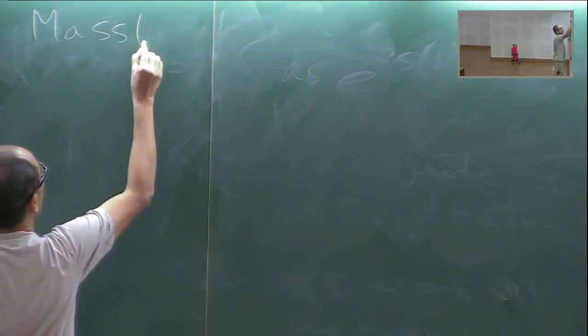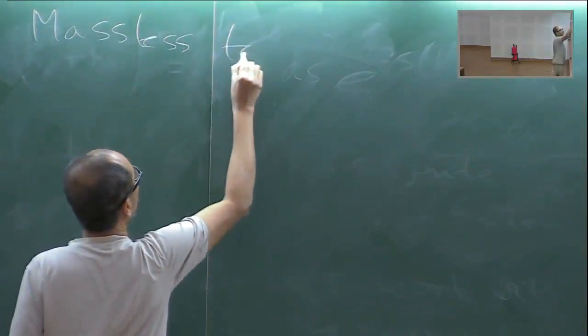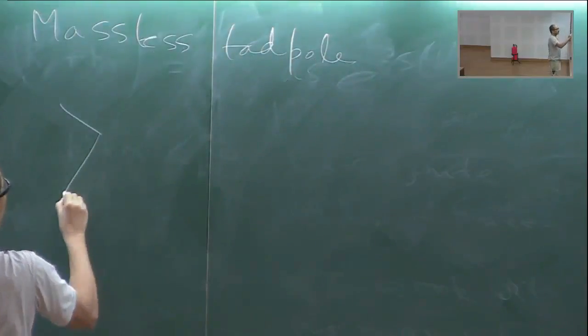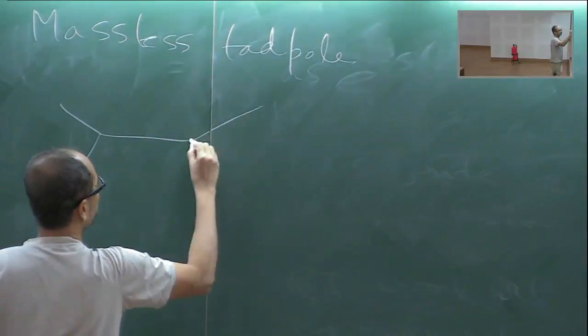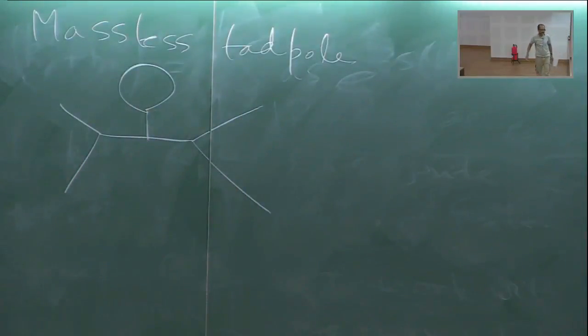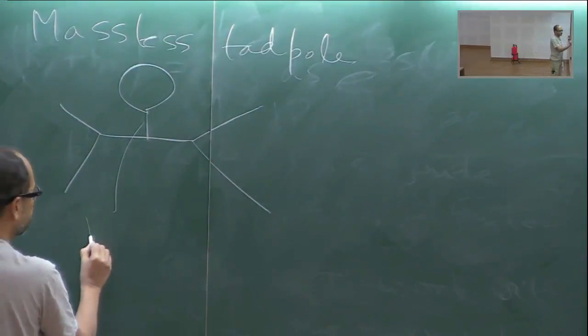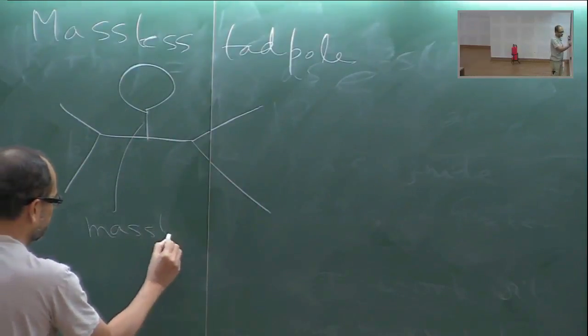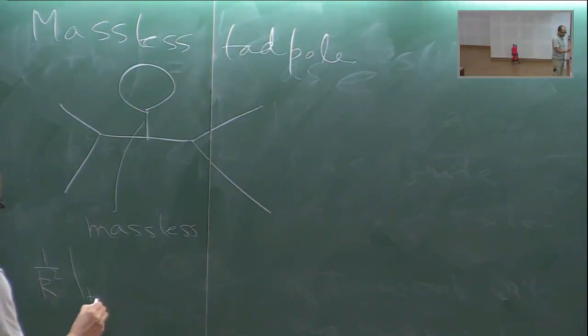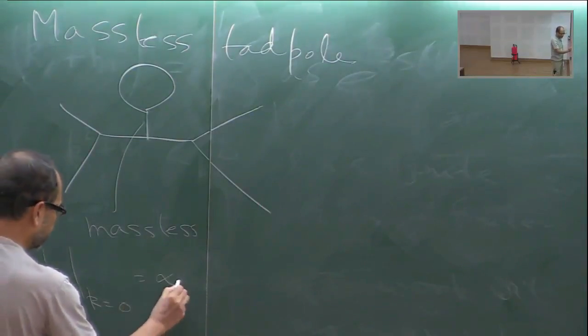The second example is the massless tadpole. Just imagine that this is a massless line. So you will get a 1 over k squared, but evaluated at k equal to 0, so this is infinite.